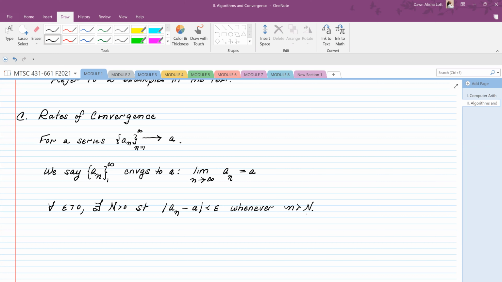So we can also say that the absolute value of a_n minus a is less than or equal to some, let me do there exists a K first. There exists a K greater than 0.